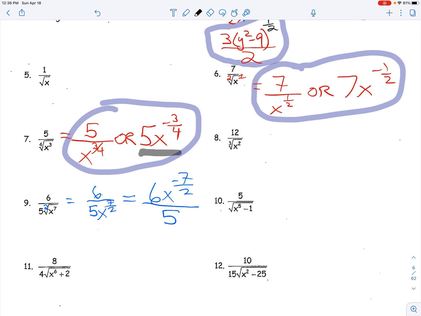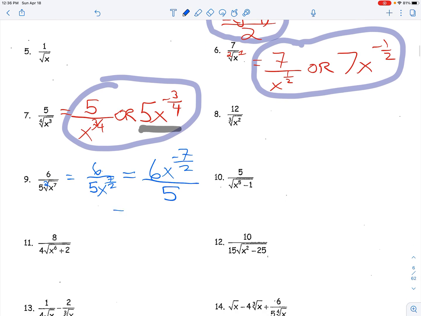You could pull out the 6/5 here in number 9, and this will be more like a level ground answer. X to the negative 7 halves would go off to the side there. So all 3 of those are equivalent. But honestly, I would probably just leave it like this. If you want to write it like the other 2 versions there that I wrote, that's fine as well.